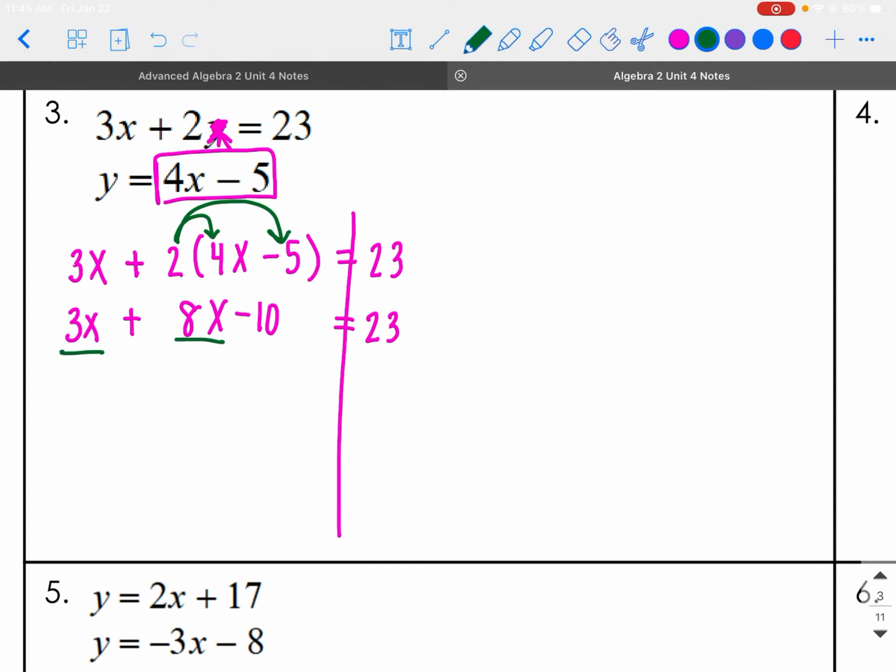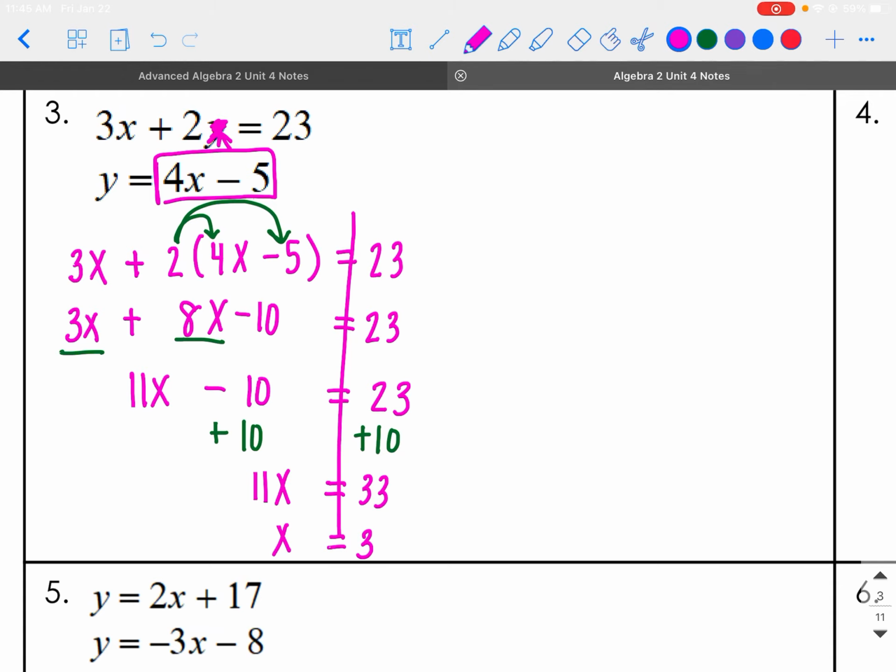Then we can combine the like terms. 8x and 3x is 11x minus 10 equals 23. And then I add 10 to both sides to get 11x equals 33. And then my last step would be to divide by 11. So we get x equals 3.